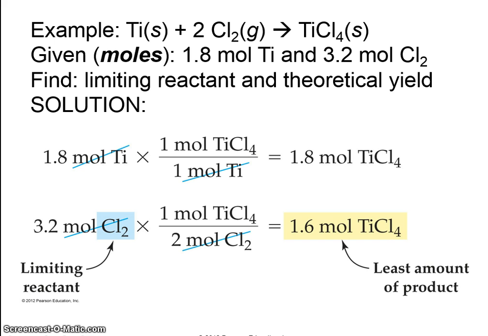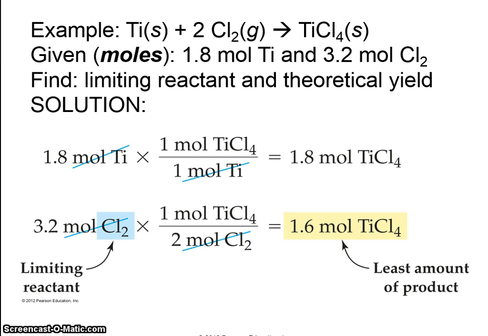So let's look at this. If we take the 1.8 moles of titanium, multiply by the ratio of that relationship that we discussed for titanium to titanium tetrachloride, we get 1.8 moles of titanium tetrachloride. But if we take 3.2 moles of chlorine gas, multiply by the relationship so that we cancel out the moles of chlorine gas, you'll see that we get 1.6 moles of titanium tetrachloride.